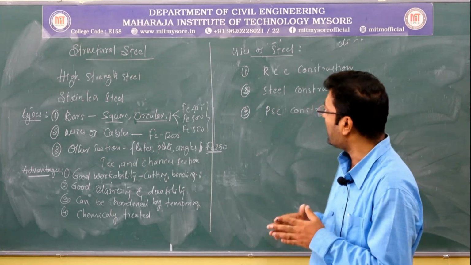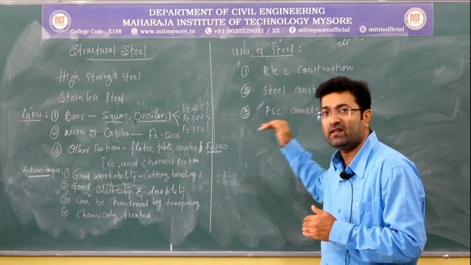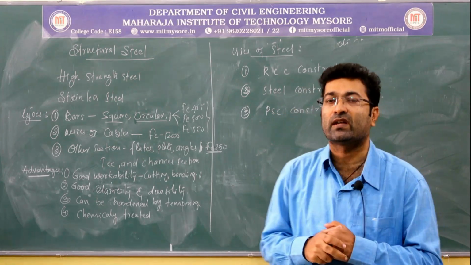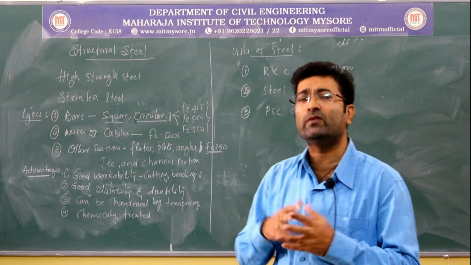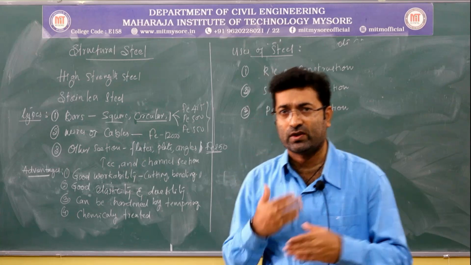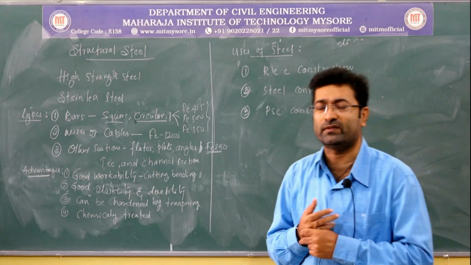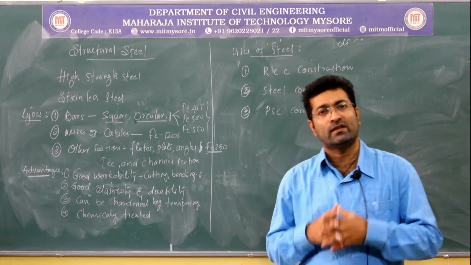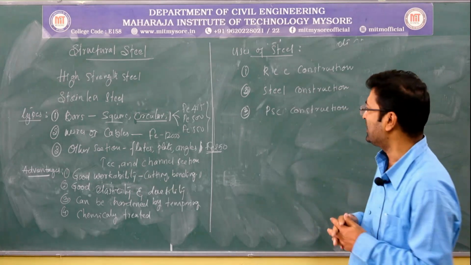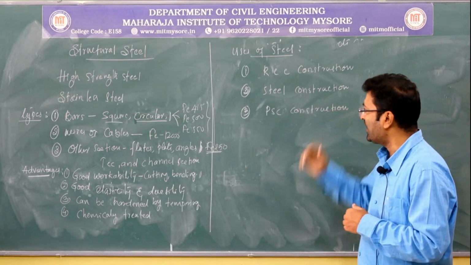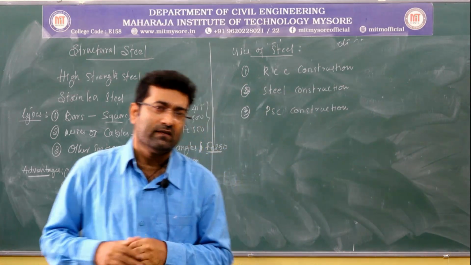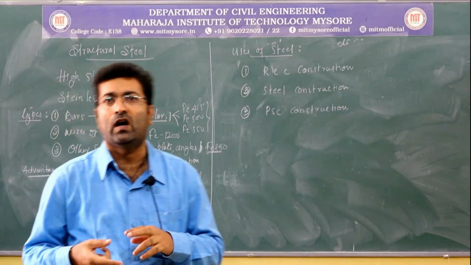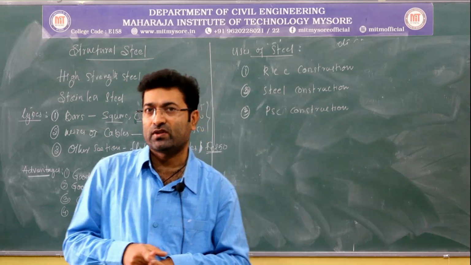So, in case of RCC we use the bars, whereas in case of steel construction activities or steel buildings, we use I section, channel section, tube section, pipe sections, then angles, such kind of sections. And in case of PSC constructions, we do not use the bars or the different sections.